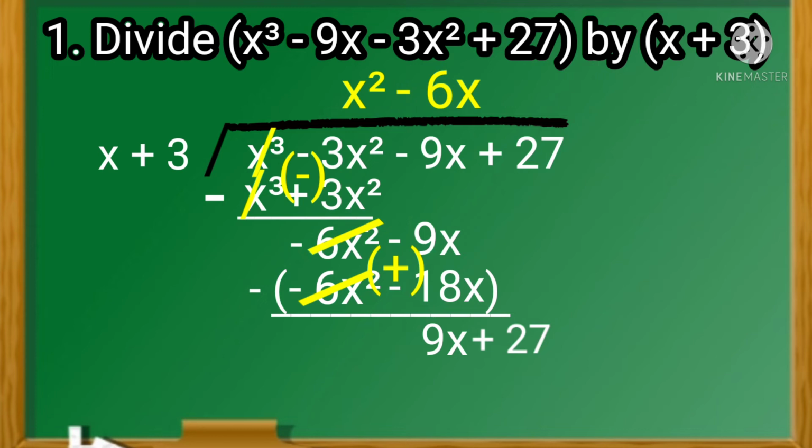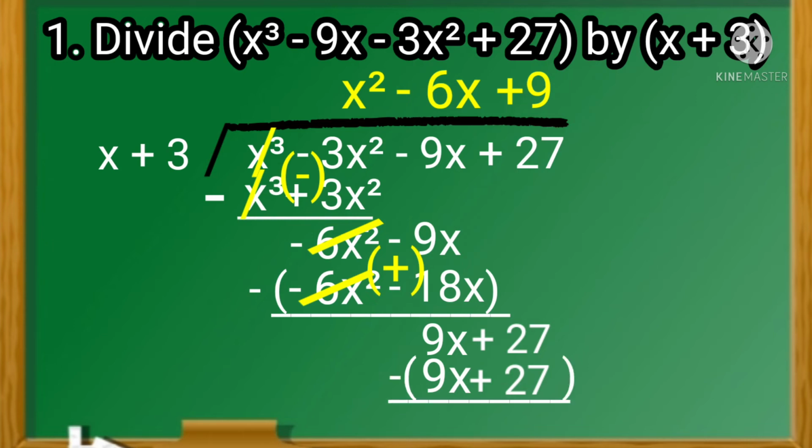27. To continue, we will divide 9x by x, and the quotient is 9 only because the x will be cancelled. Then multiply 9 by x plus 3, that is 9 times x, the product is 9x, then 9 times 3, which is 27.